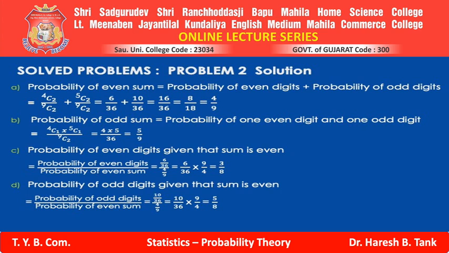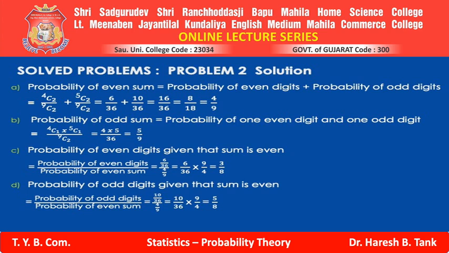So 9C2 becomes exhaustive cases. Among these 9 different digits, number of even digits are 4. So those 4 digits become favorable, of which 2 of them are to be selected. So 4C2 becomes number of favorable cases. So probability of getting even digits becomes 4C2 divided by 9C2.